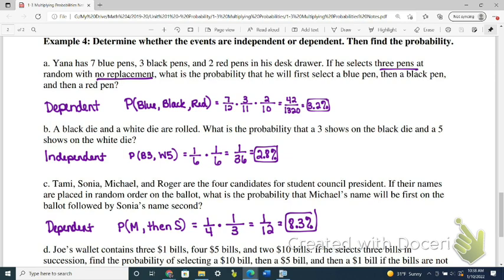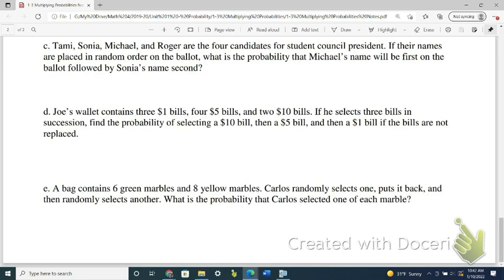Let's take a look at the last two. Joe's wallet contains 3 $1 bills, 4 $5 bills, 2 $10 bills. If he selects 3 bills in succession, so that means he's not putting them back, find the probability of selecting a 10, a 5, then a 1 if they're not replaced. So those are dependent.